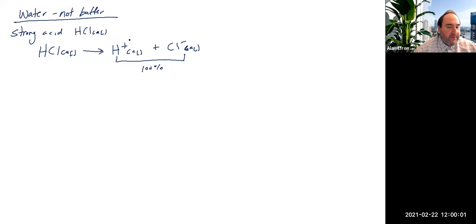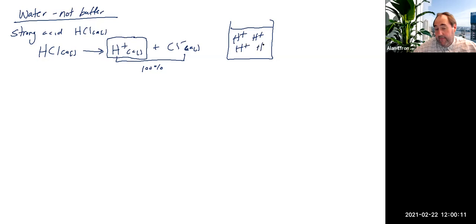And because it 100% breaks apart into these guys, we have now just produced in our little beaker of water a lot of free H pluses floating around. And what we just did is essentially increase the concentration of H plus. And as you remember, hopefully from pH, if we increase that concentration of H plus, that means that the pH is going to go way down, right?